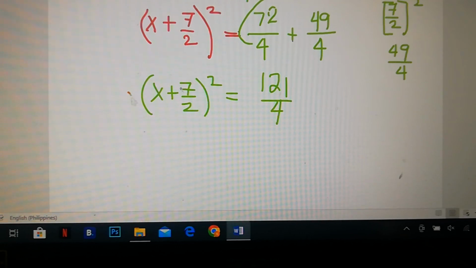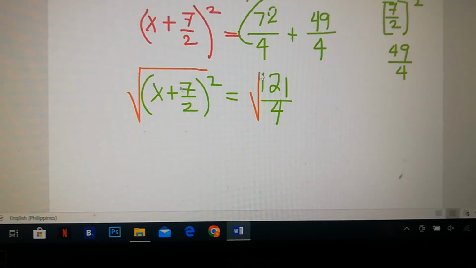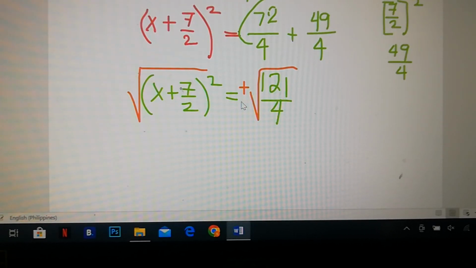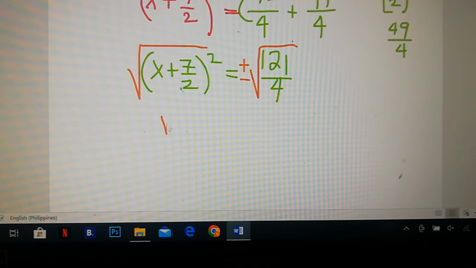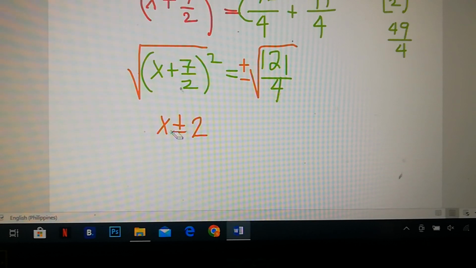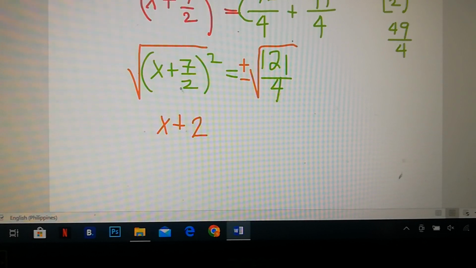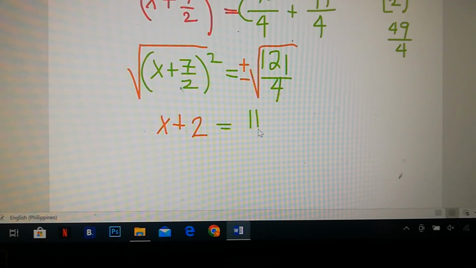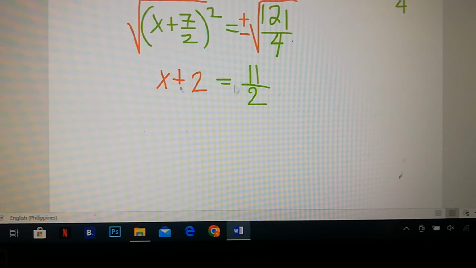Next, we get the square root on both sides of the equation. If you get the square root of the left side, you get also the square root of the right side. So the square root of the left side is x plus 7 over 2, equal to plus or minus the square root of 121 over 4: the square root of 121 is 11, and the square root of 4 is 2.